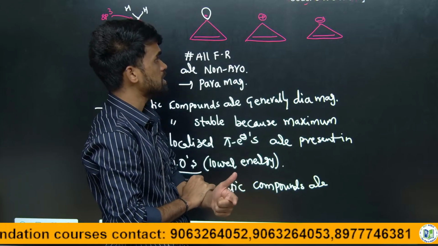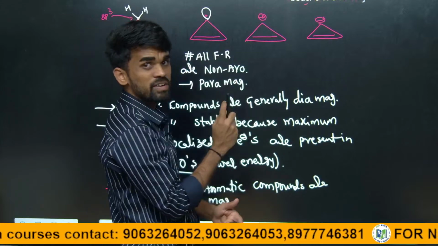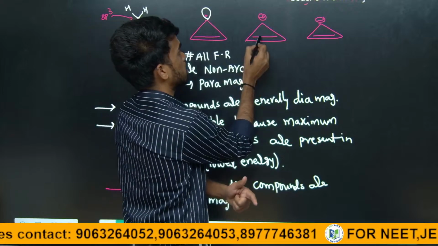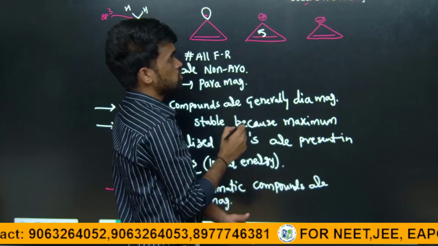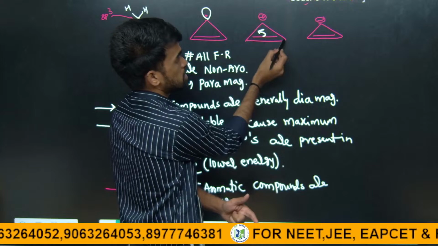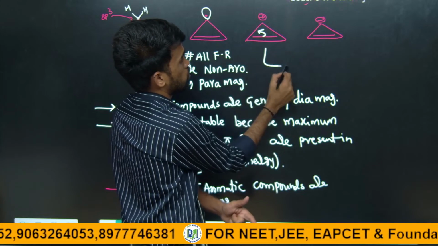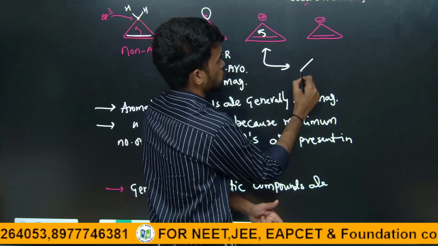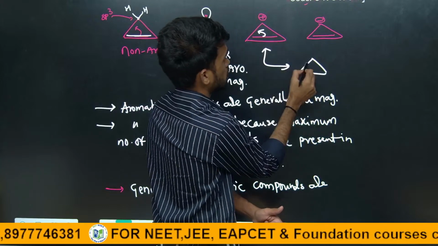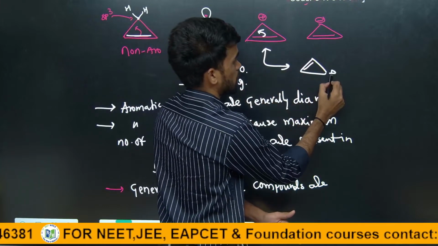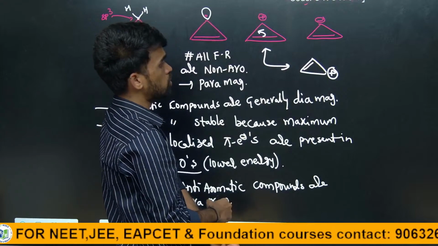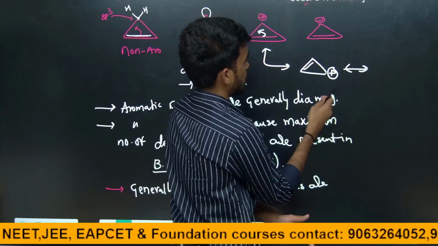Then the next thing is whether it has complete conjugation or not. Let us check. Let us delocalize over here. When it is delocalizing here, this carbon is losing pi electrons, therefore that carbon should get a positive charge. It is shifted here, and this will have a positive charge now. Now again you can shift this like this.